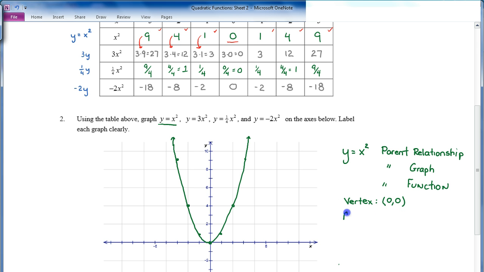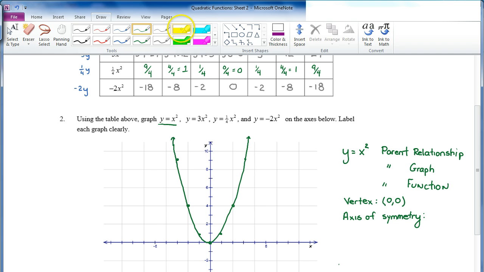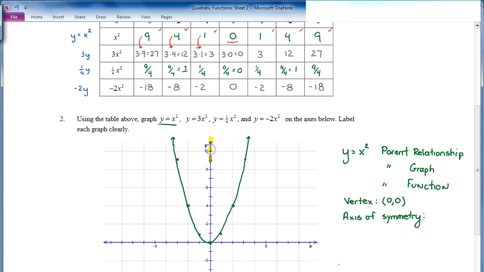We want to be able to talk about the axis of symmetry. The axis of symmetry is always the line where we get a perfect reflection across. And we see here the line cuts right down through like this. So there's my axis of symmetry.